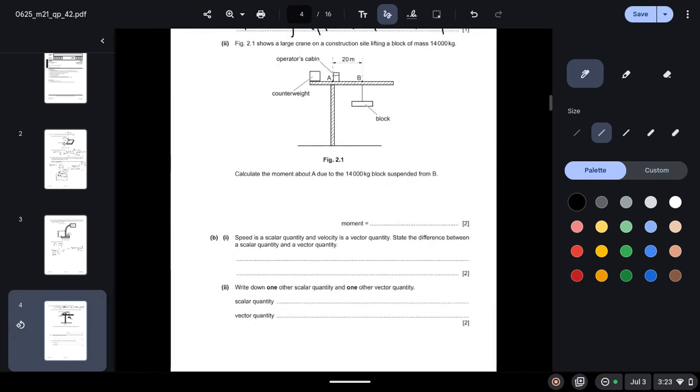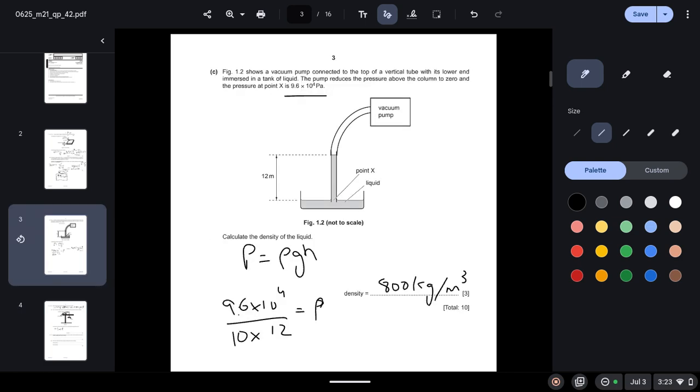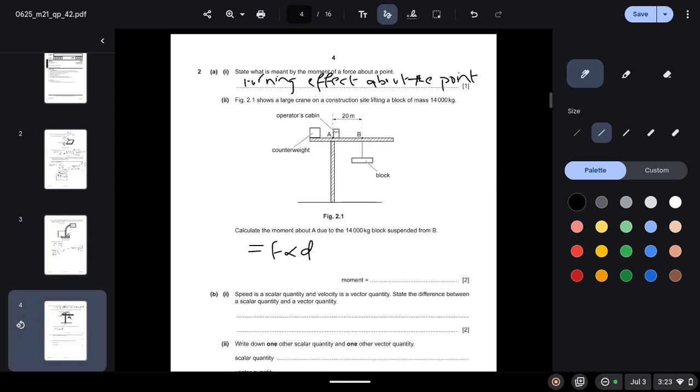Figure 2.1 shows a large crane on a construction site lifting a block of mass 14,000 kilograms. Calculate the moment about A due to the 14,000 kilogram block suspended from B. So the moment is calculated by force times distance. Distance is the perpendicular distance from the pivot. So it is pivoted at A at this point.